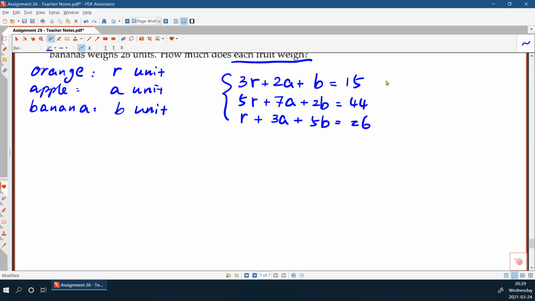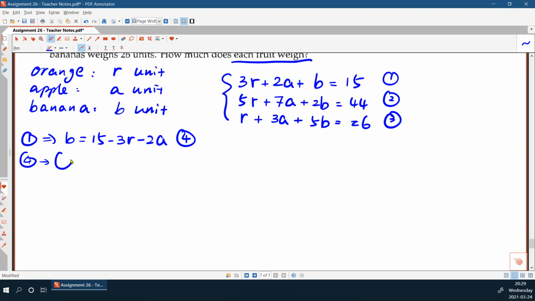Okay, so let's start from the first equation. The first equation gives us B equals 15 minus 3R minus 2A, right? So let's call this 4. And then we can put 4 into the second one and the third one. If we put it in the second one, we will get 5R plus 7A plus 2B, which means 2 of this expression, equals 54.